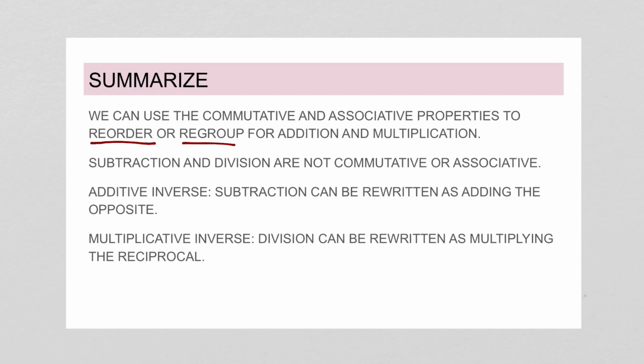And the multiplicative inverse, division, can be written as multiplying the reciprocal. So that, again, we can go ahead and do reordering and regrouping. We can use those associative or commutative properties on addition and multiplication, but they can't be used on division or subtraction. So we want to rewrite those things so that we can form equivalent statements that we can manipulate more easily.